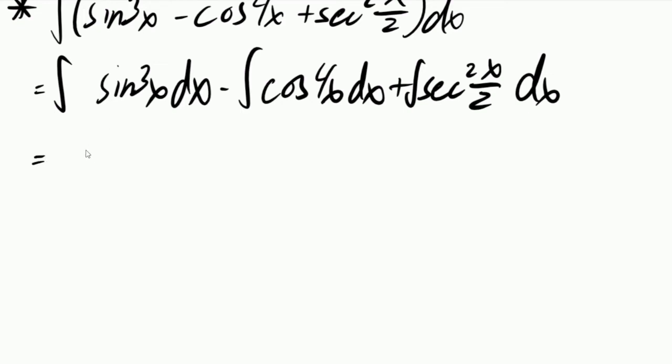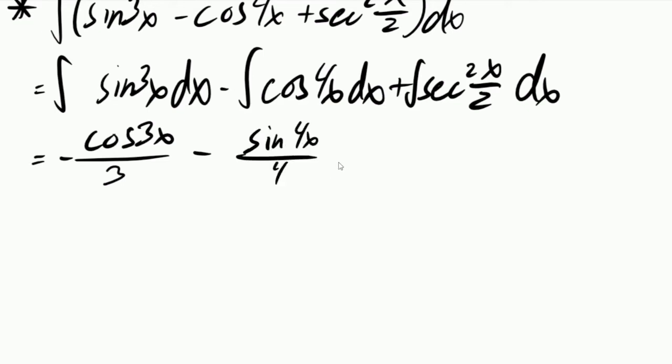So the integral of sine 3x is negative cosine 3x over the constant 3, minus sine 4x over its constant 4, plus the integral of secant squared is tangent x over 2, and x over 2 is just 1/2, plus c.